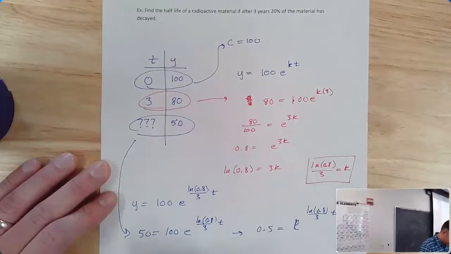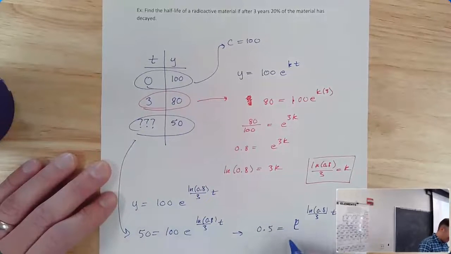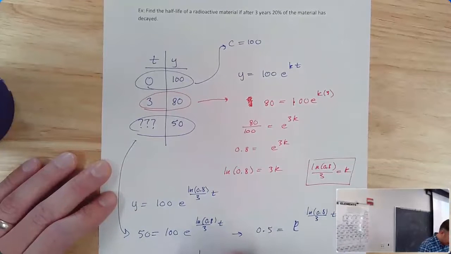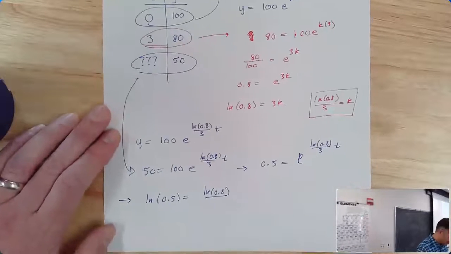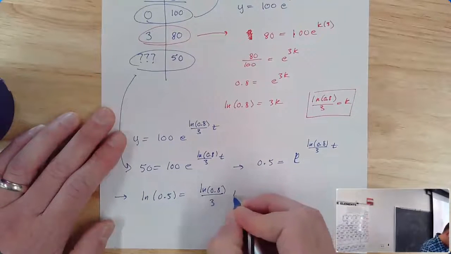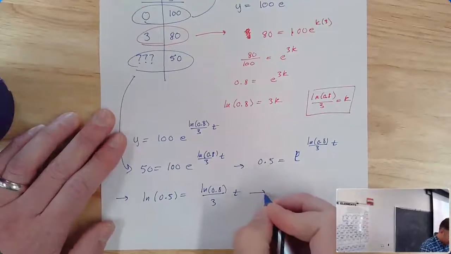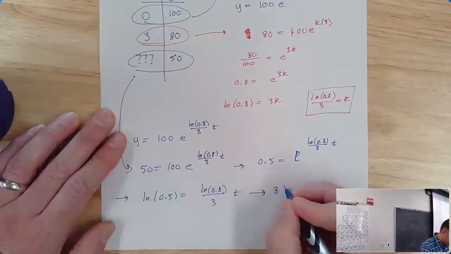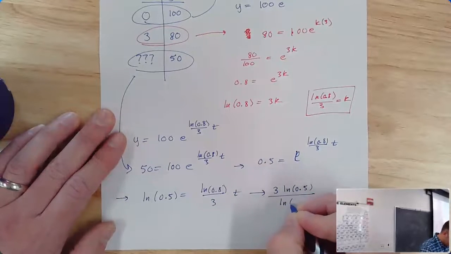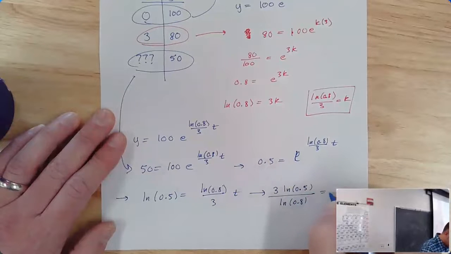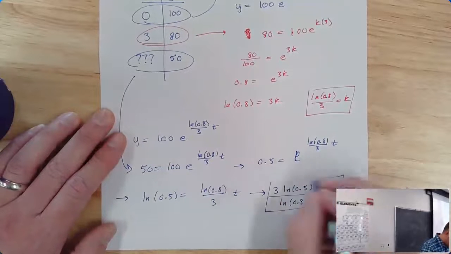So we have the natural log of 0.5 equal to the natural log of e to the stuff, which is just the stuff. So it's the natural log of 0.8 divided by 3 times t. And then finally, we solve for t by multiplying both sides by 3 and dividing both sides by the natural log of 0.8. So that's our actual exact answer.